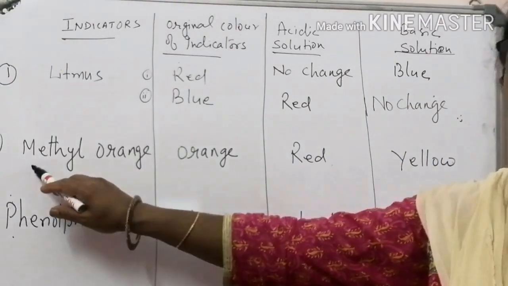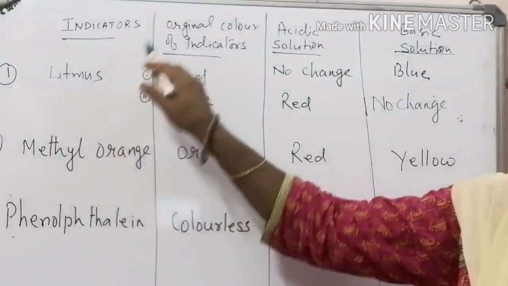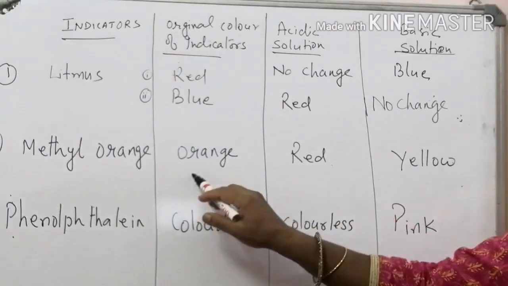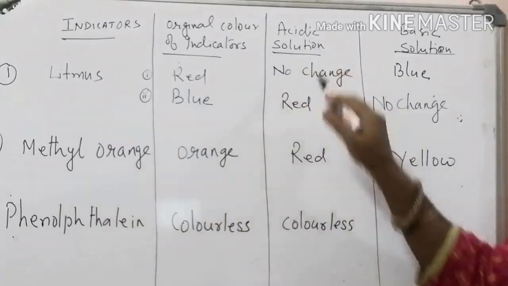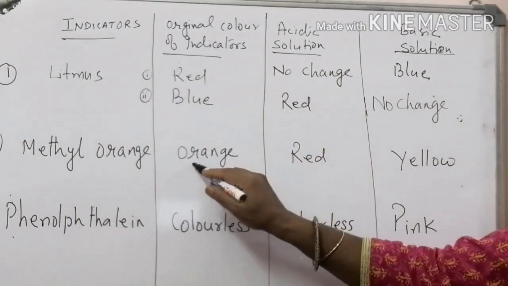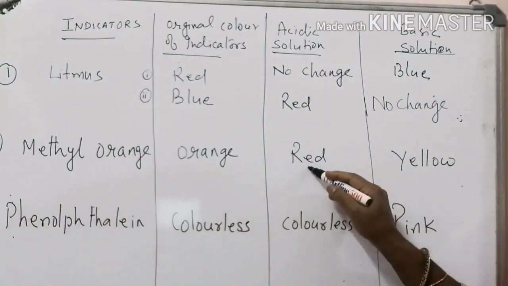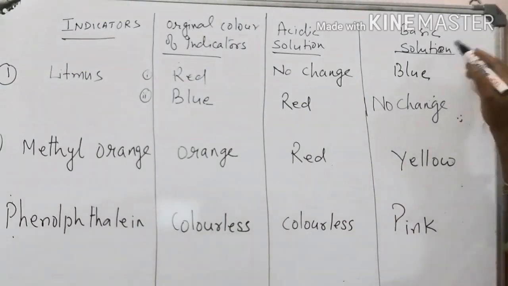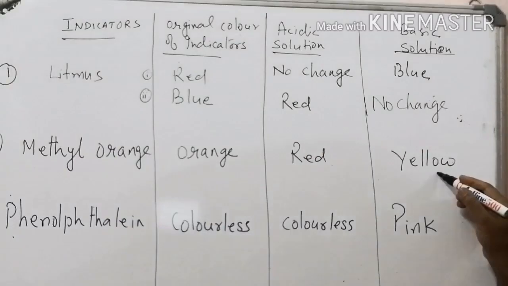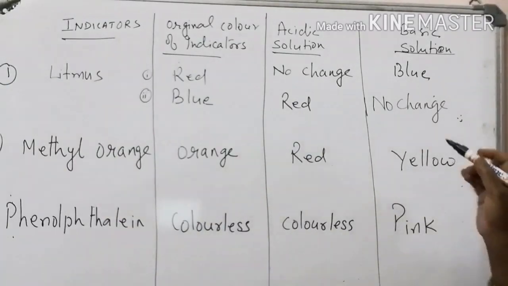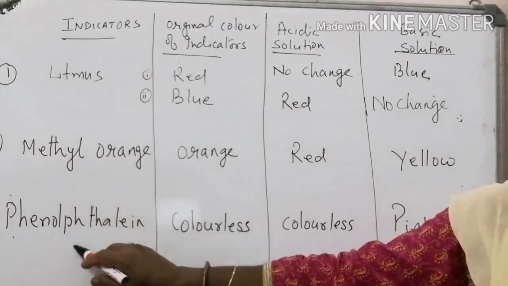Next indicator is methyl orange. The original color of methyl orange is orange. In acidic solution, it changes from orange to red, whereas in basic solution, the orange color changes to yellow. Next indicator is phenolphthalein.